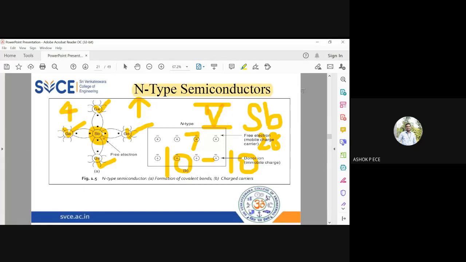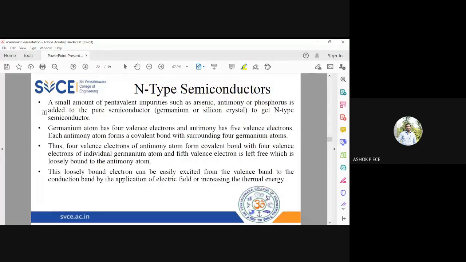Very important thing you have to understand. I'm going to add a pentavalent impurity. Pentavalent means it has 5 electrons in the valence band. What are the examples of pentavalent impurity? Arsenic, antimony, phosphorus. These are called group 5 elements. Why group 5?